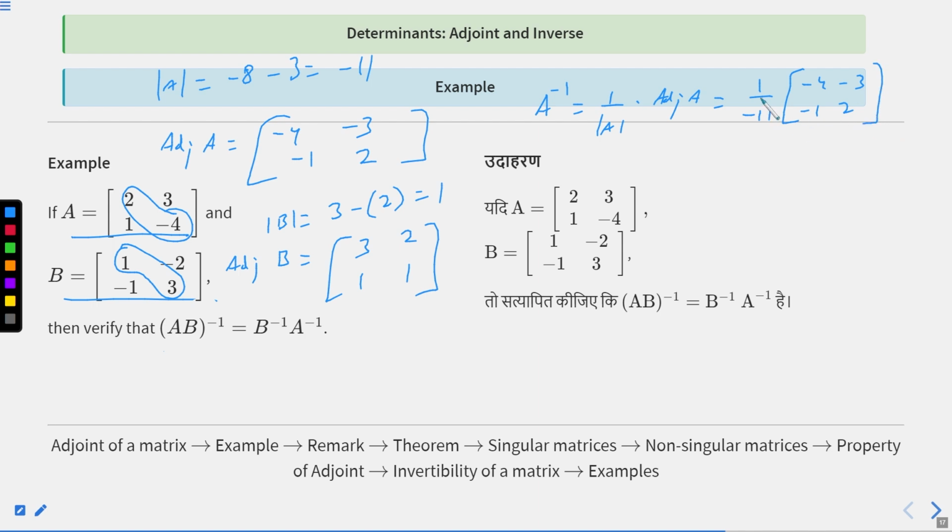Okay, now just multiply 1 by minus 11 inside. What you will get, you will have your inverse as 4 by 11, 3 by 11, 1 by 11, minus 2 by 11. A inverse will be this.